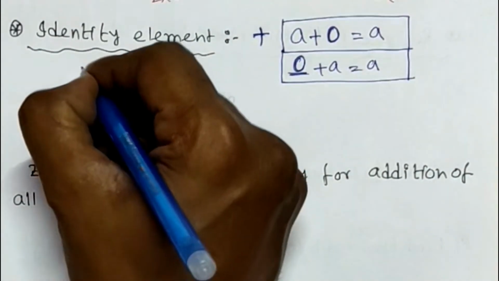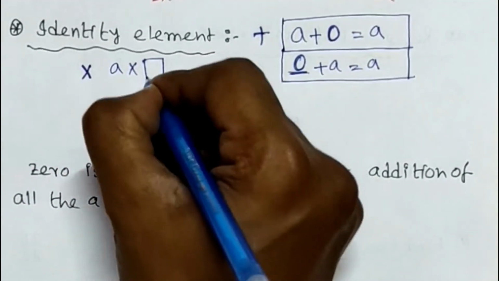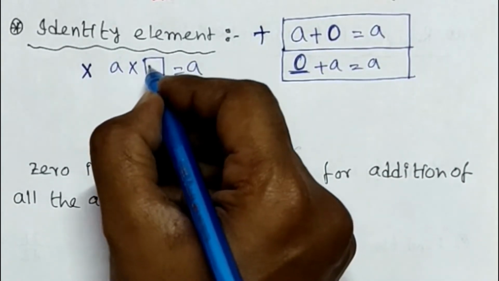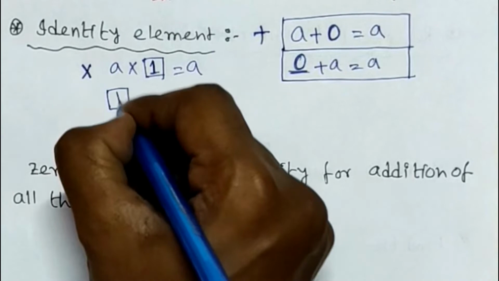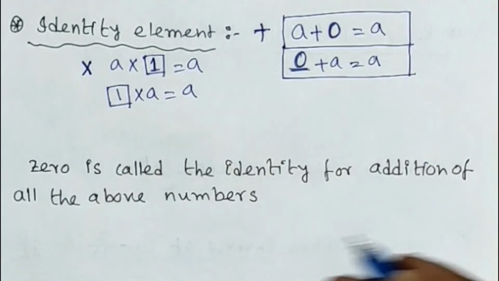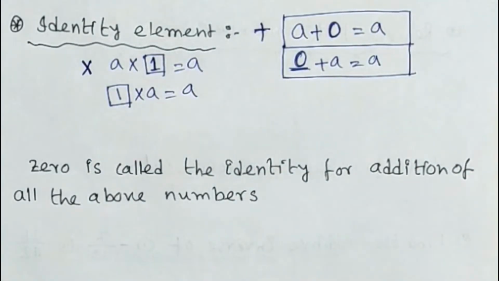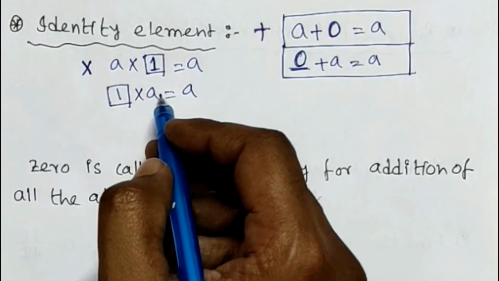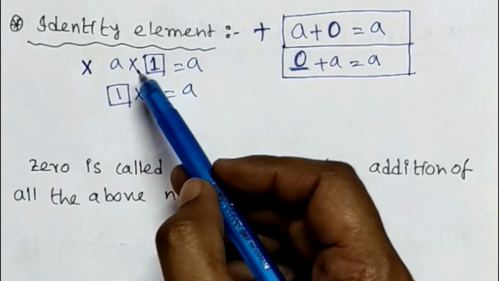Now if we consider multiplication, then a into something gives us a. Which element will be placed here? Obviously 1. We know that a into 1 equals a. Similarly, 1 into a gives us a. That is, for any operation, whether it may be addition or multiplication, the element is called the identity element for which, under those operations, we get the same element.